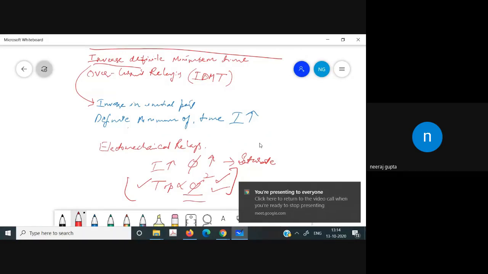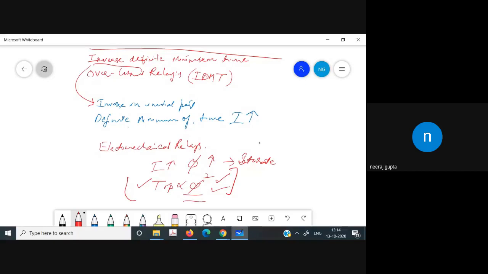So this limitation of the electromechanical relay can be used as an advantage. That's why we have the inverse definite minimum time over current relay.